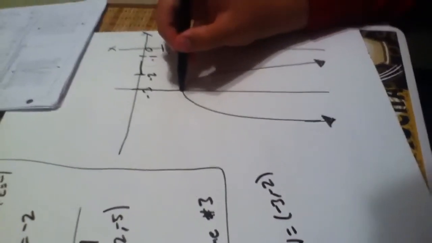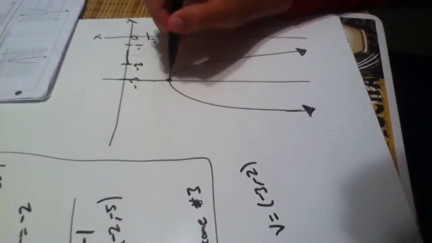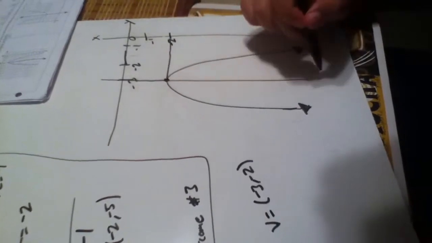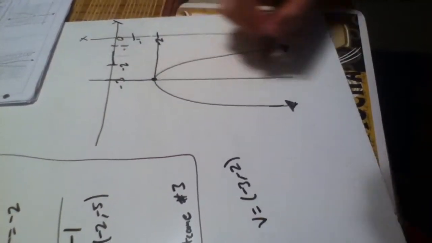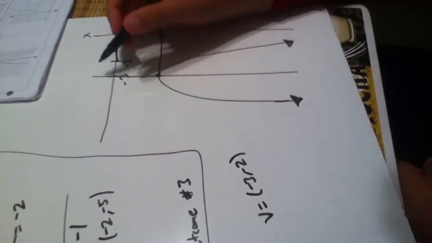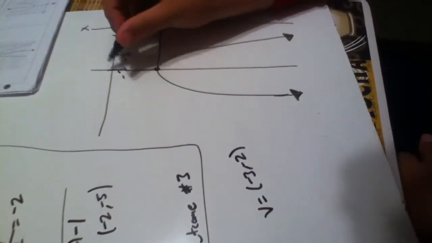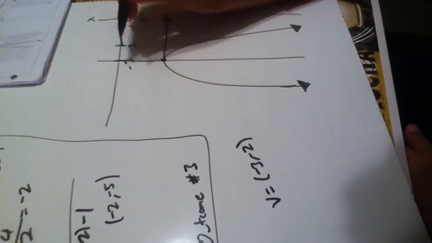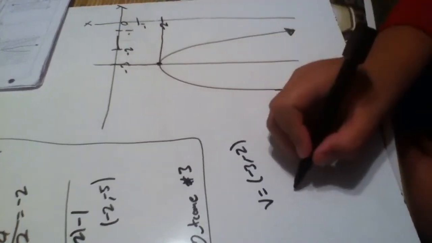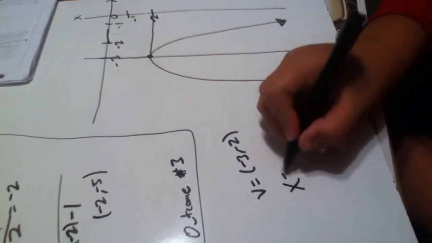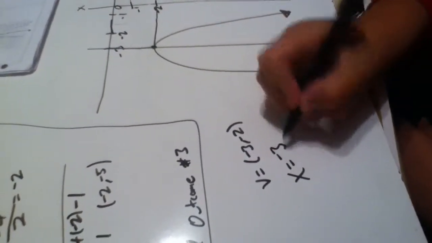Wherever the line hits the parabola is the axis of symmetry. It hits right here on negative 3, so the x is equal to negative 3.